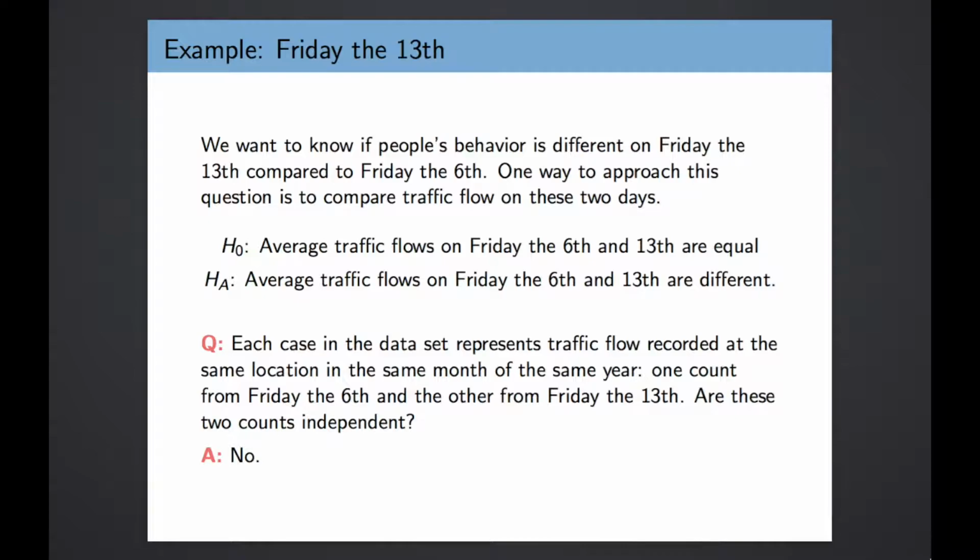And that is because traffic flows are going to be relatively similar week over week in the place where you live. So traffic flows are related to the location of the particular road, all of the businesses and residences in that area that affect where people are going and the paths that they're likely to take. So traffic flows on Friday the 6th and Friday the 13th are not going to be independent of one another.